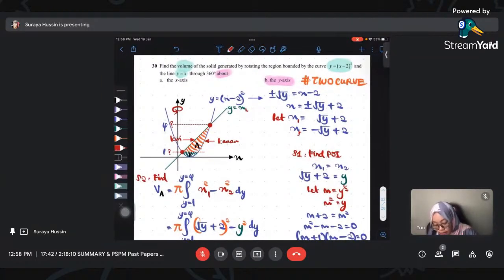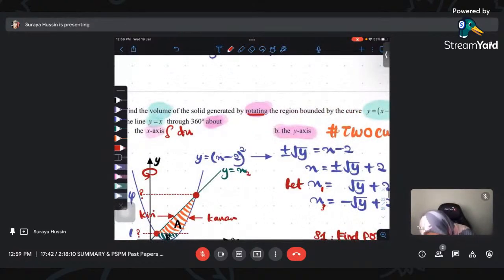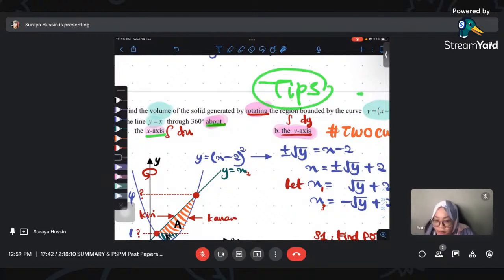So, sekarang ni kita kena faham, tadi saya recap balik. Rotating about x-axis bermaksud integral dx. Okay, itu memang confirm. Tapi kalau rotating about the y-axis bermaksud dia mesti integral dy. Volume dia mesti with respect to y, because they say it. This is a very, very good tip in order to not make mistakes.